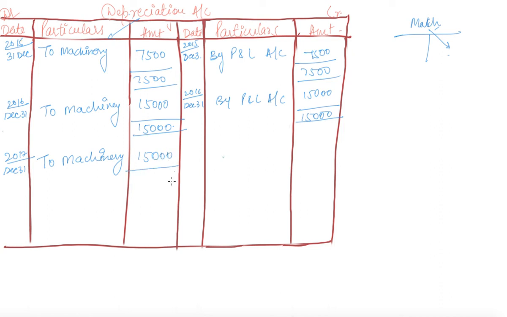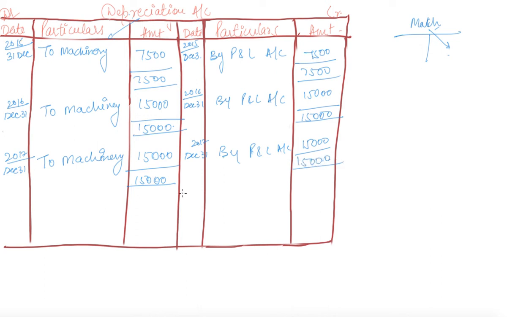For the third year it was also 15,000, and the total is also 15,000, and 2017 December 31st by P&L account 15,000.